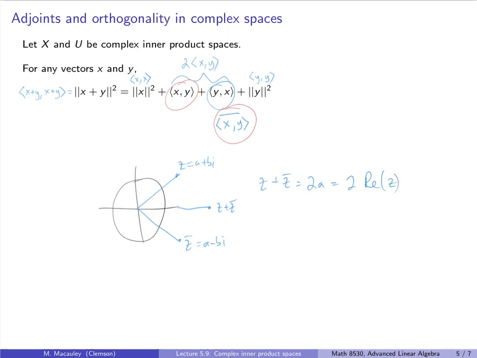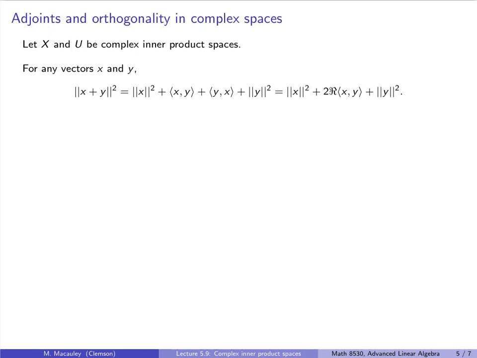So instead of this being 2 times the inner product of x with y, it's 2 times the real part of the inner product of x with y. And we use this Gothic R to denote the real part. Notice that if we're in a real vector space, or if the inner product of x with y is real anyways, then this just reduces to 2 times the inner product of x with y.